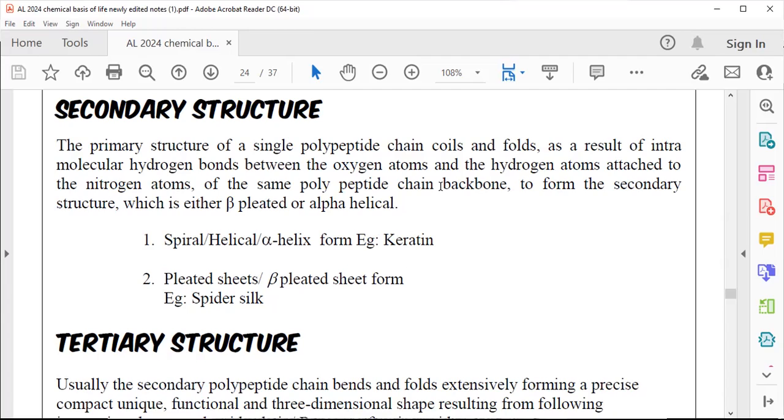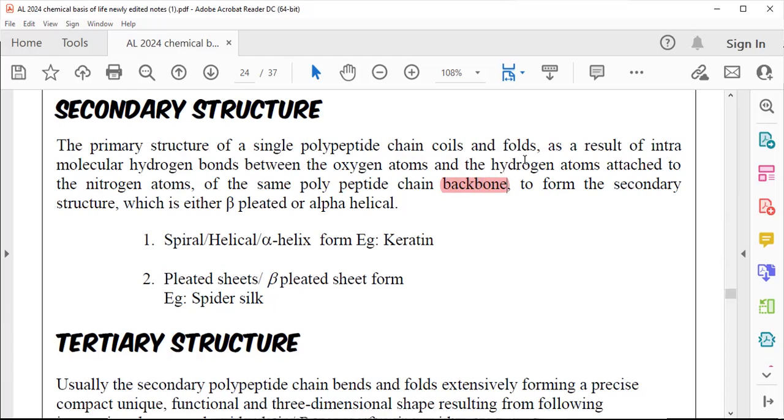That hydrogen bond is created between the portions of the backbone.